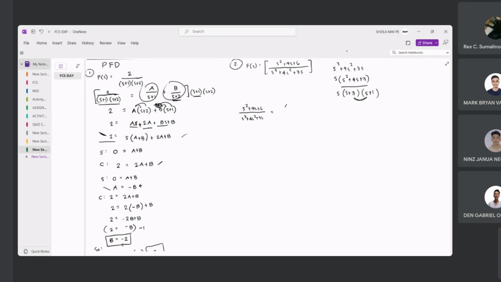It is equal to A over s plus B over, let's say, C first. You can interchange that, okay? C over s plus 3. You can interchange B over s plus 3, okay? Or C over s plus 1. Okay, class. Follow.